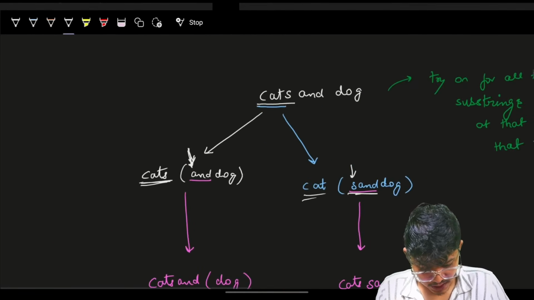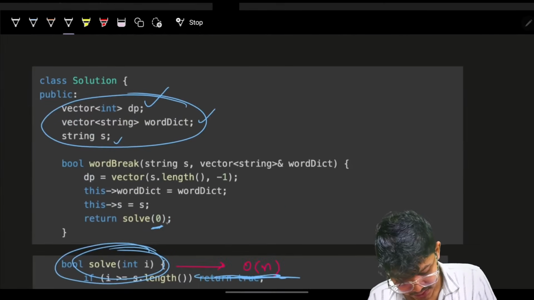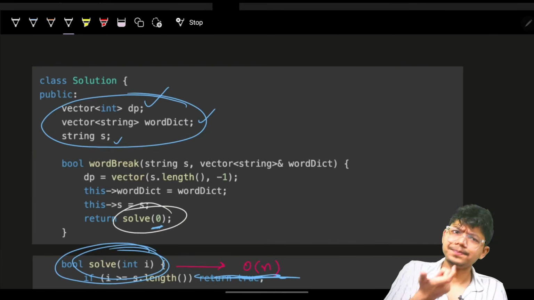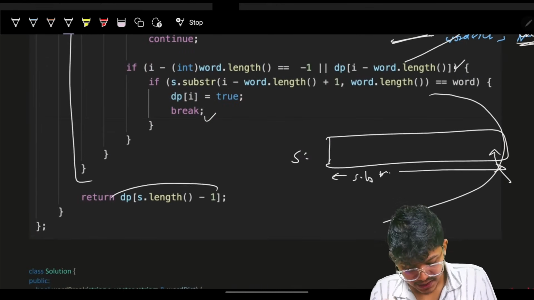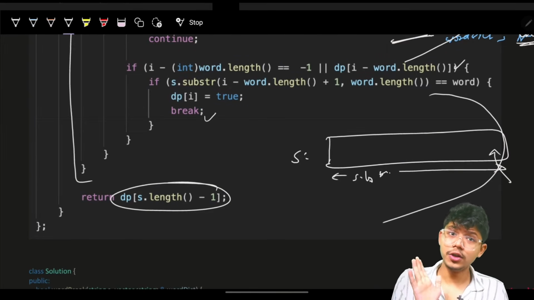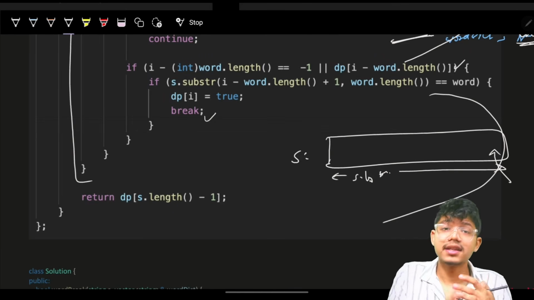If I go back, there you are checking whether solve of 0 is true or not. In the same way, I'm checking whether DP of the last character is true or not, because I'm building from bottom to up. That's it. It is named the bottom-up approach.